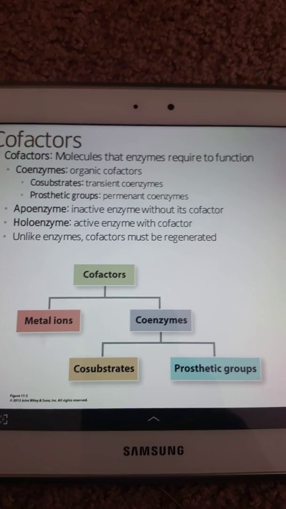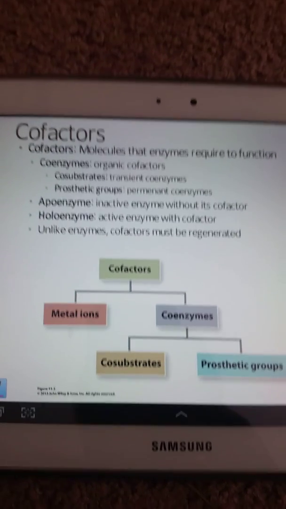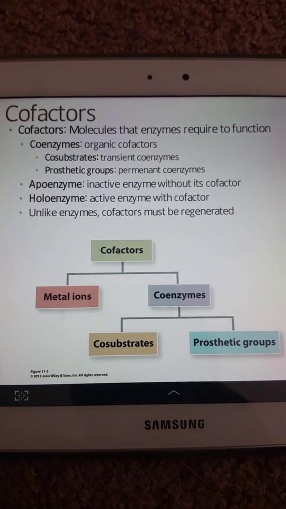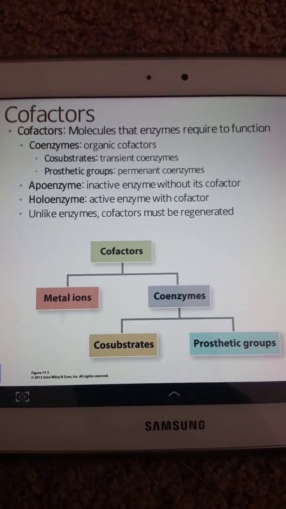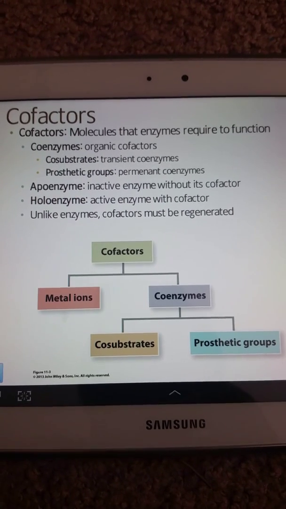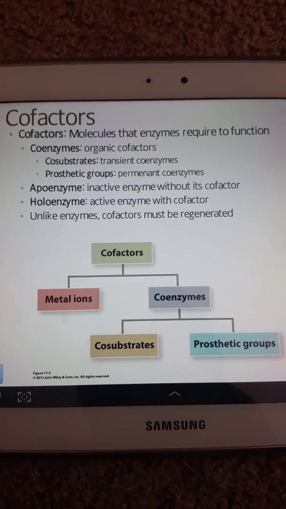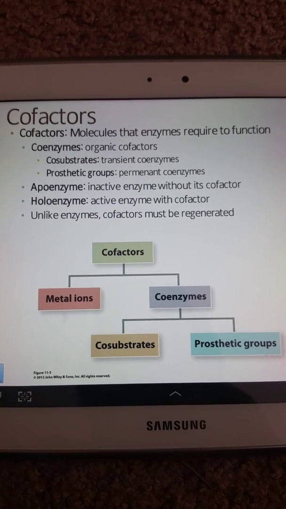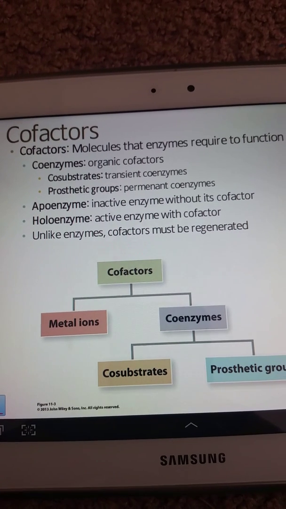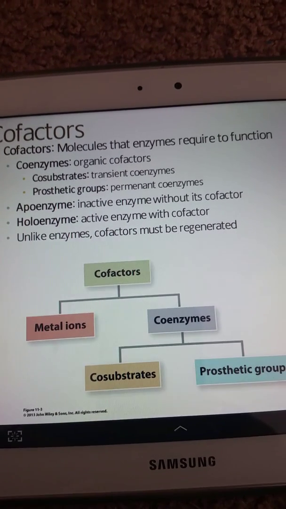Another thing to consider with enzymes is that a lot of enzymes utilize cofactors, or molecules that enzymes require in order to function. Cofactors that happen to be organic are termed coenzymes, and you could have coenzymes that are transient. Those would be called co-substrates, so they only bind to the enzyme at the time of catalysis with the substrate.